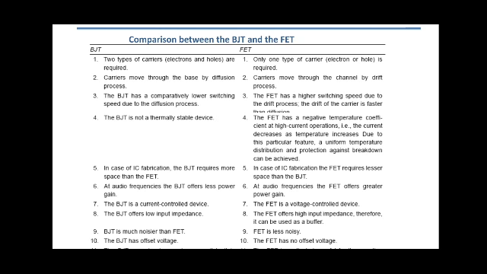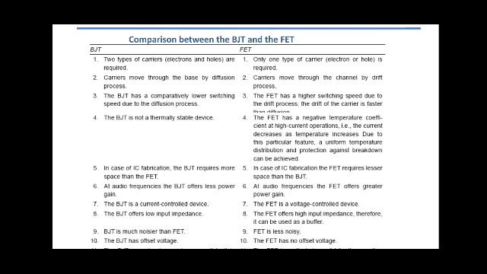In a BJT, whatever minority carriers are there, their motion is due to the diffusion process. We have discussed this diffusion process and drift process while discussing the PN junction diode, and also in the BJT. Whereas in a FET you will only have the drift process. There is no diffusion process.